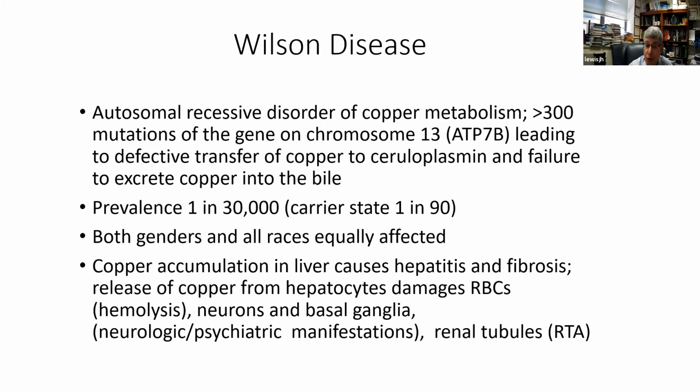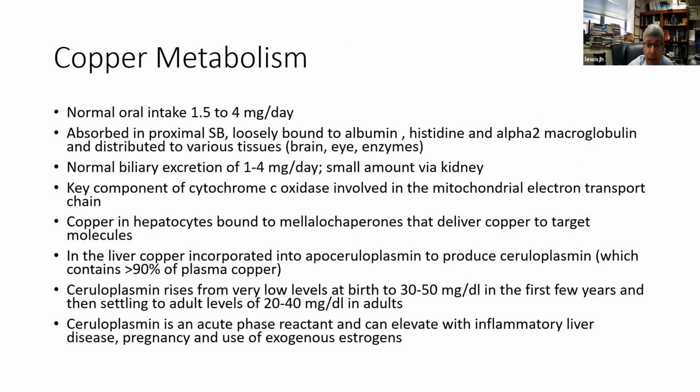The prevalence is low, as you can see here, but both genders, all races equally affected, and the copper accumulates in various tissues, including the liver and also the brain, also in the kidney, renal tubules. And that accounts for the manifestations that we see.